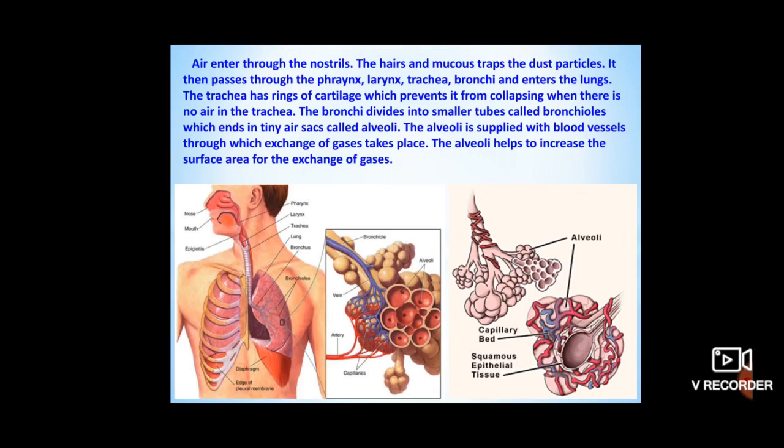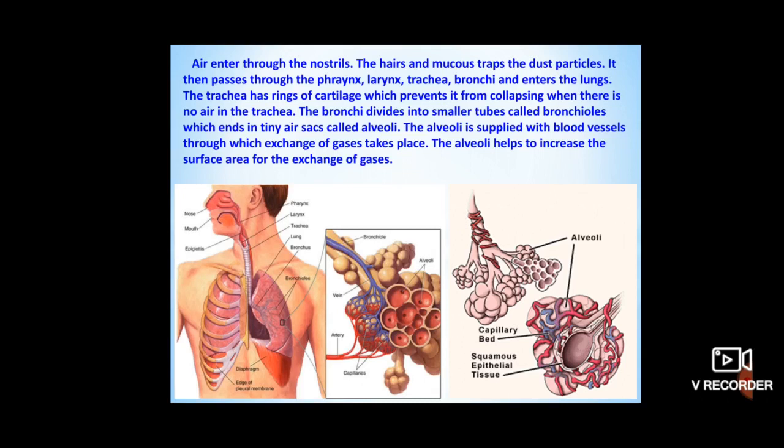The alveoli are elastic in nature. They help to increase in size when we inhale air, and at that time the alveoli absorb more oxygen, which is supplied to each and every part of our body with the help of blood vessels.